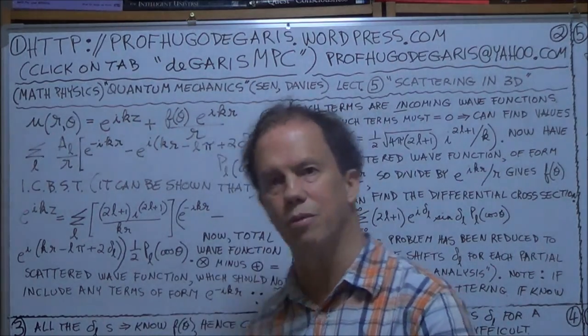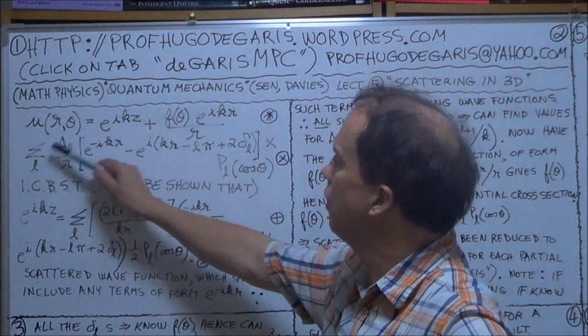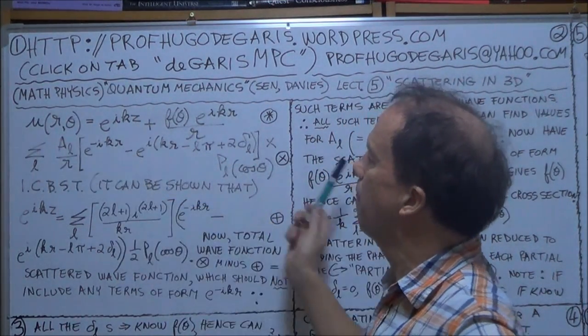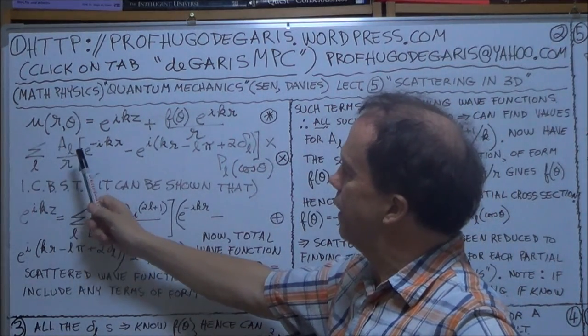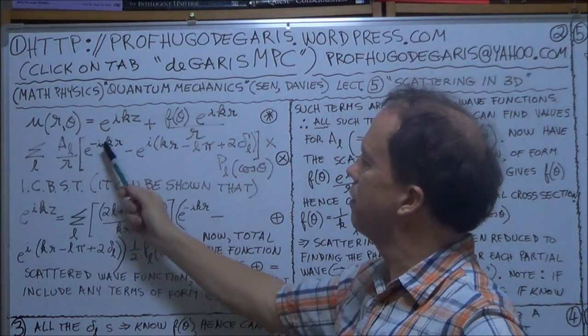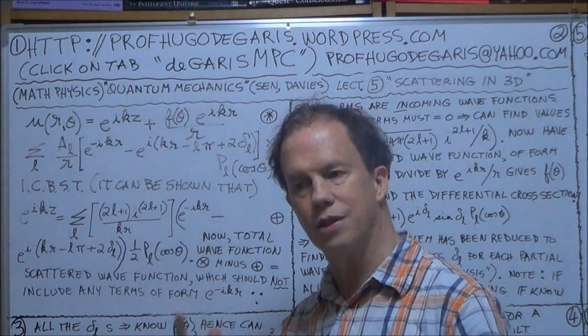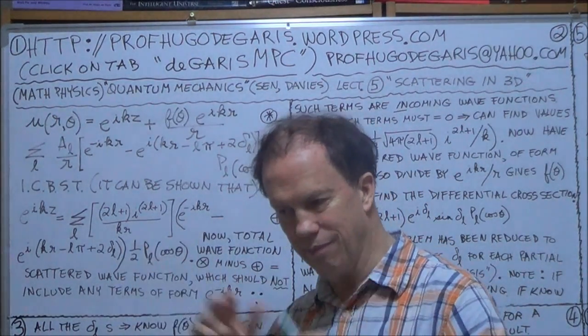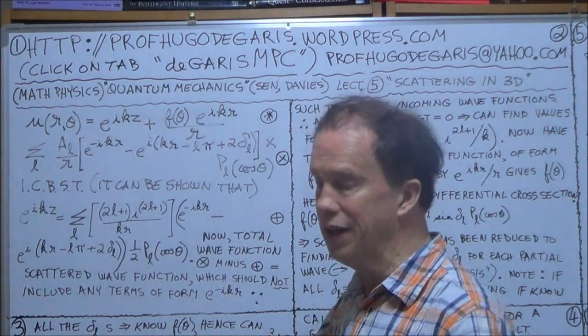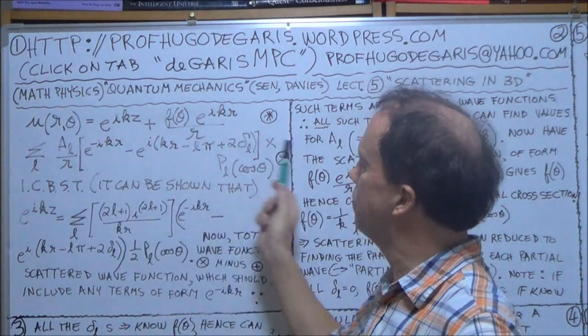Now we can start talking about what I mean by partial. Well, here you've got a sum of a lot of waves, right? So if you just take one of the waves, that's not the complete story. It's just one of them. It's like part of the story. So hence a partial wave.